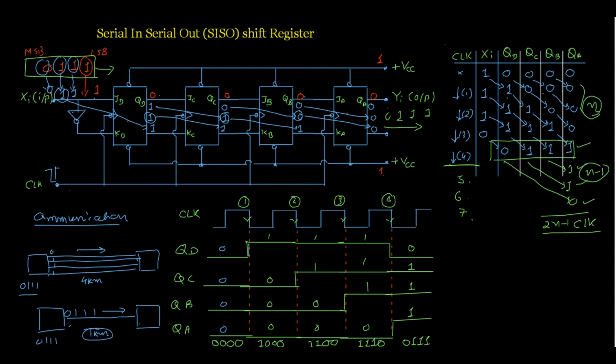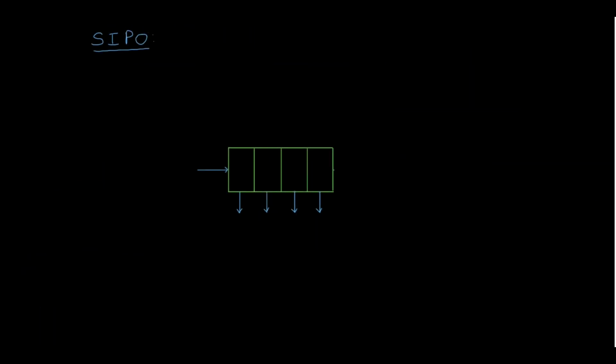Okay, now we will see another type of shift register, that is the serial in parallel out. In serial in parallel out, again we have this kind of connection of flip-flops, where we have flip-flop A, B flip-flop, C flip-flop, D flip-flop.